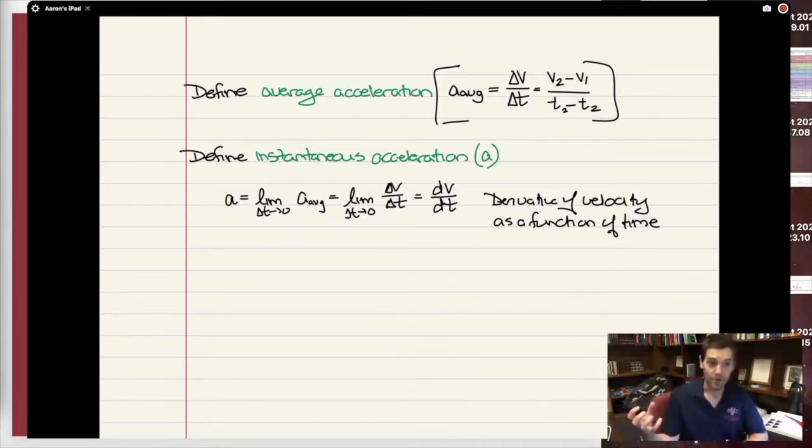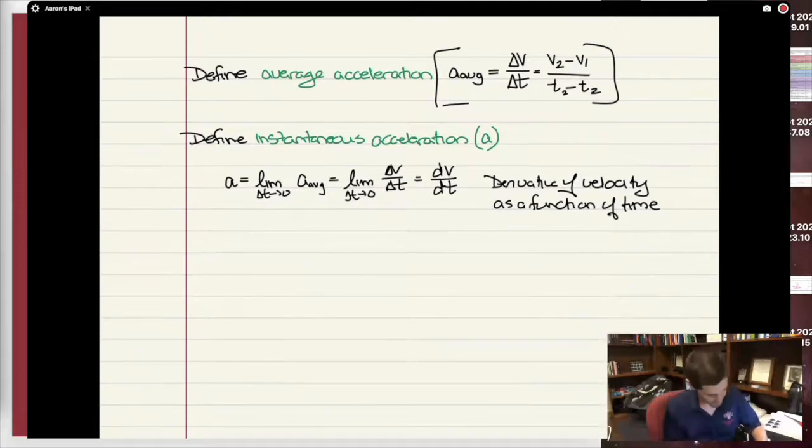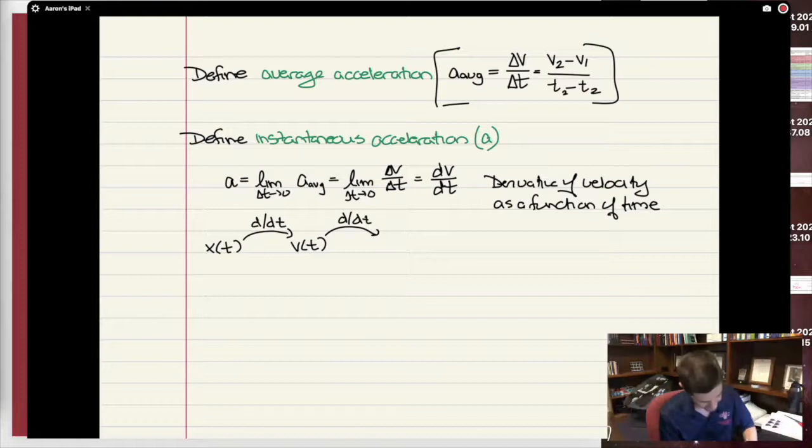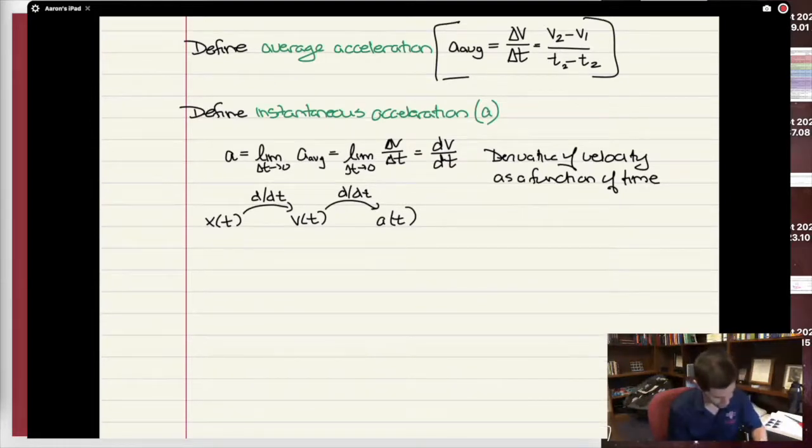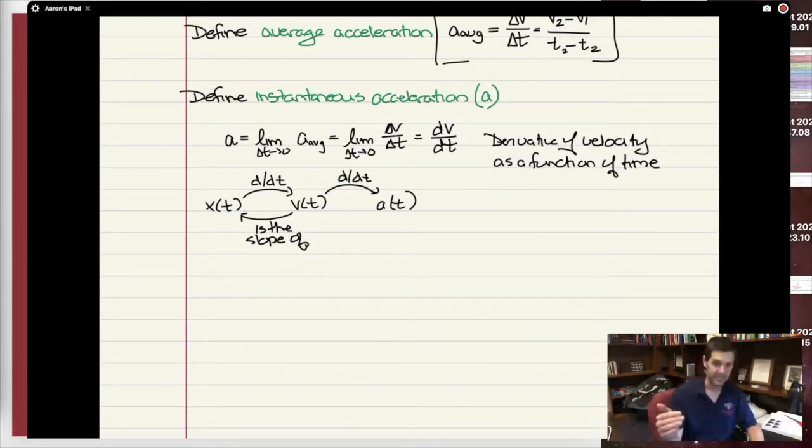And we can bring up an analogy where x of t, remember, we took the derivative and got velocity. And then now I'm saying we can take the derivative again and get acceleration. So similarly, I can think of this as velocity, the arrow going the other way, velocity is the slope of position as a function of time.